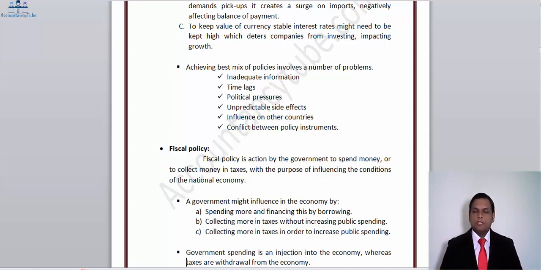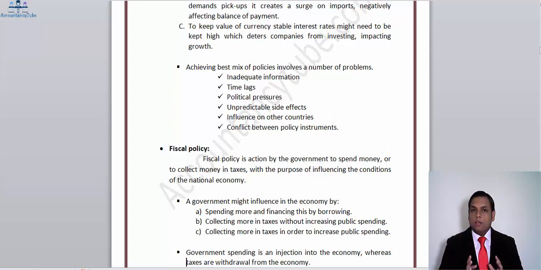Then we have influence on other countries. Our economic policy will definitely have an influence on other countries. For example, if China today starts to tax their exports, this will create a rise in prices in the toy industry, because, let's just say for a rough figure, 90% of the toys are now made in China.